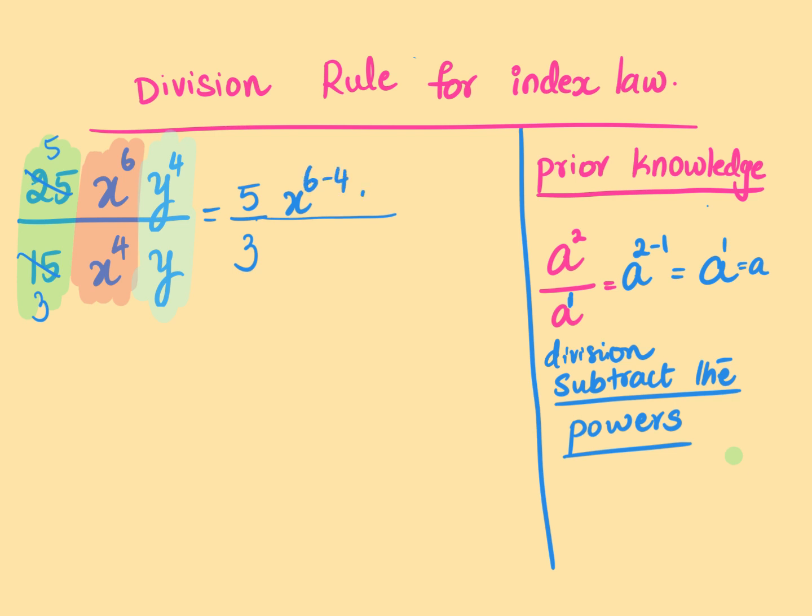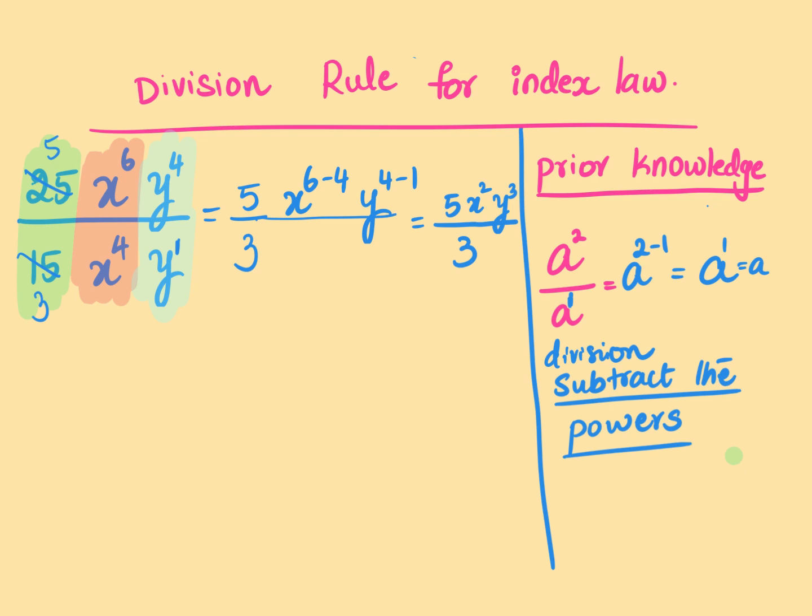And even for the y, just y by itself, please know that the power is 1. So you do have 4 minus 1. So you end up with your final answer as 5 x to the power of 2, y to the power of 3, divided by 3. So that should be your final answer.